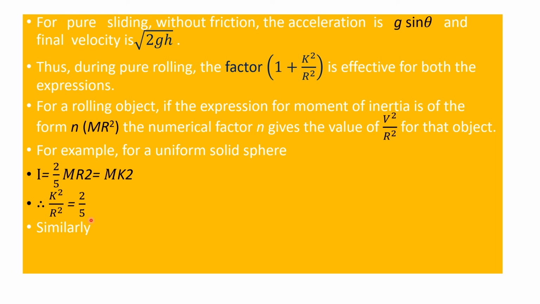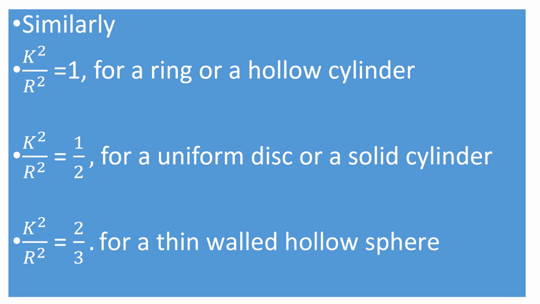In this way we can find the value of k square upon r square for different symmetrical objects. It is 1 for a ring or a hollow sphere. It is equal to half for a uniform disc or a solid cylinder. It is equal to 2 by 3 for a thin walled hollow sphere.